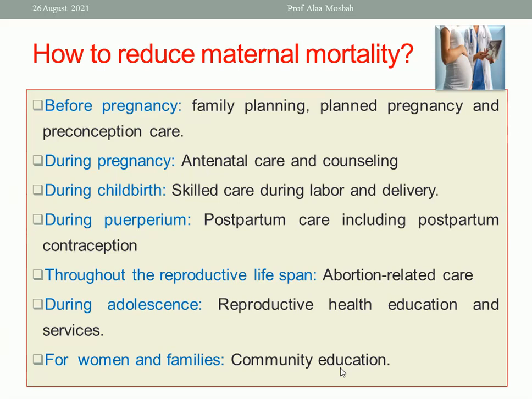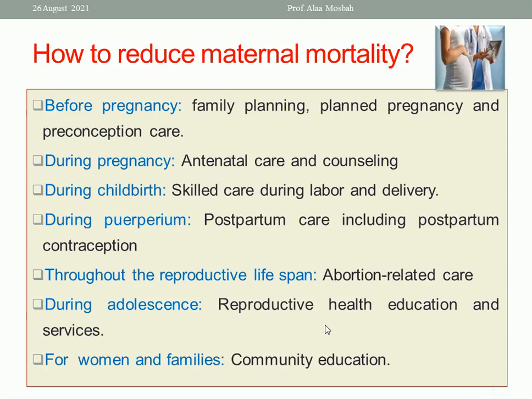And during childbirth, skilled care during labor and delivery is important. And during puerperium, postpartum care, including postpartum contraception. And through the reproductive lifespan, abortion-related care and counseling about the risk of termination of pregnancy in unqualified settings, adolescent reproductive health education and services for women and the families.